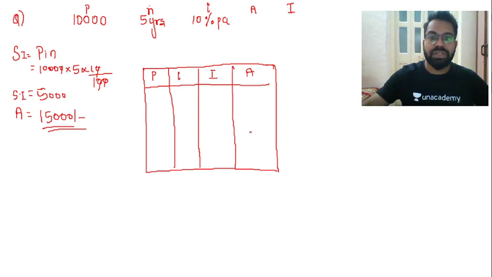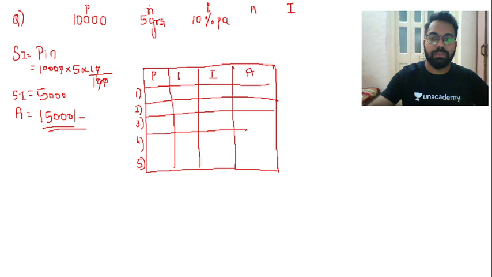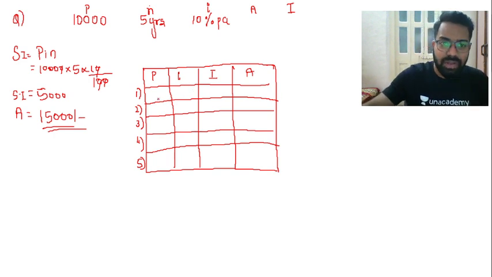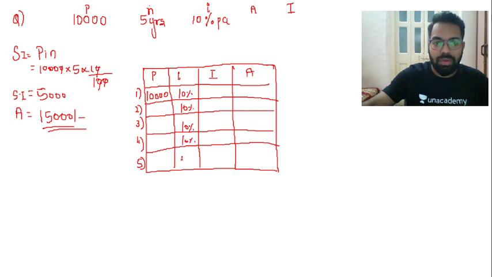Let's revisit this table and see how it is different for compound interest. Say the principal is 10,000, your interest rate is 10%, which remains standard for all the years. You're borrowing it for 5 years.